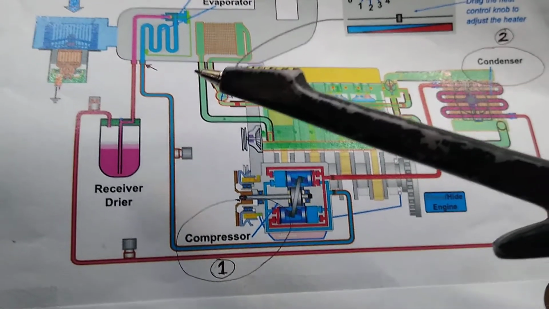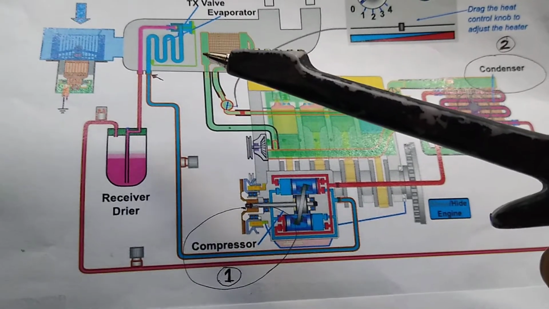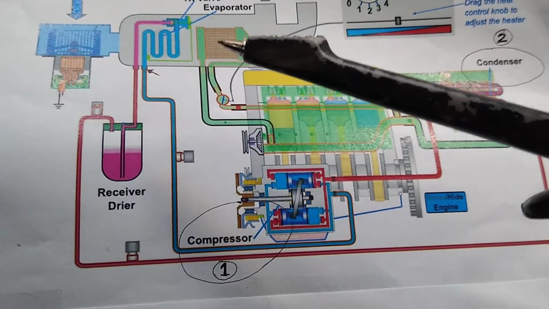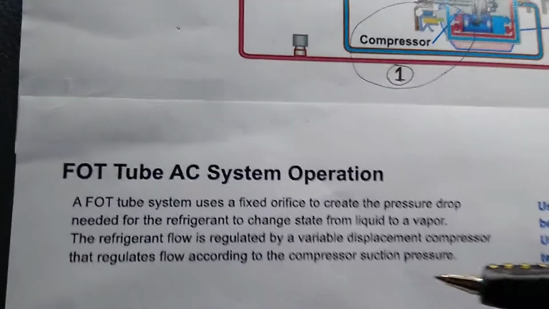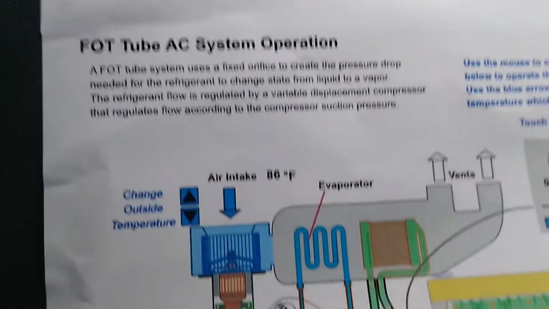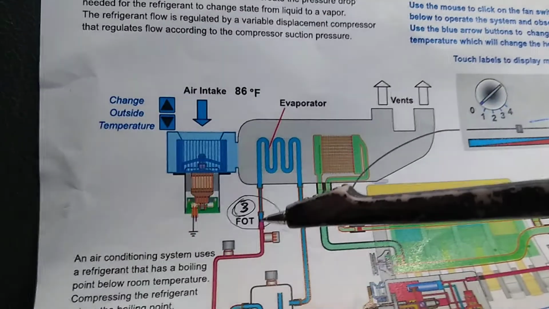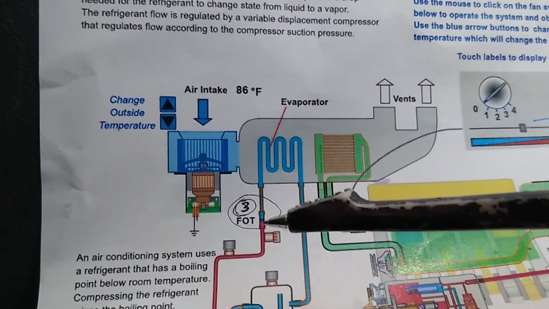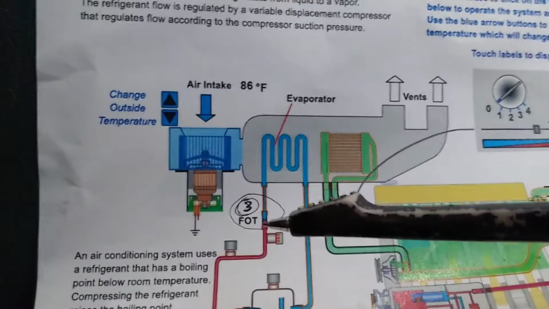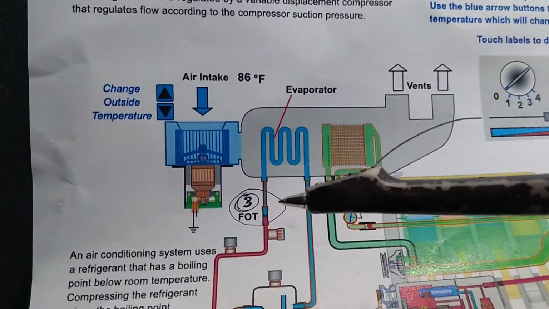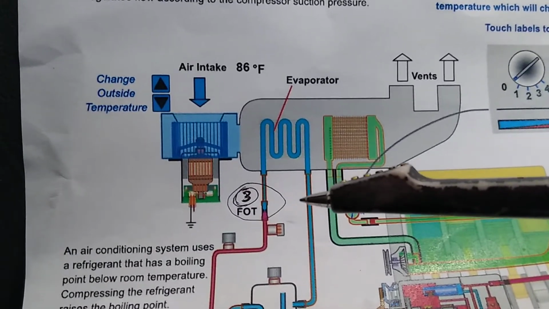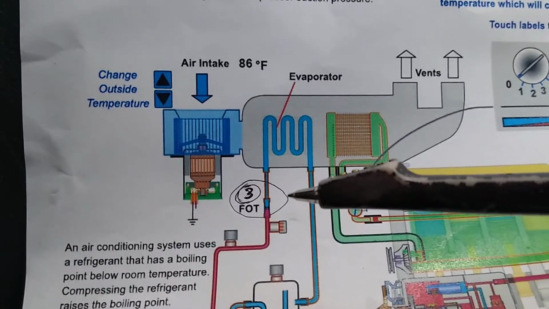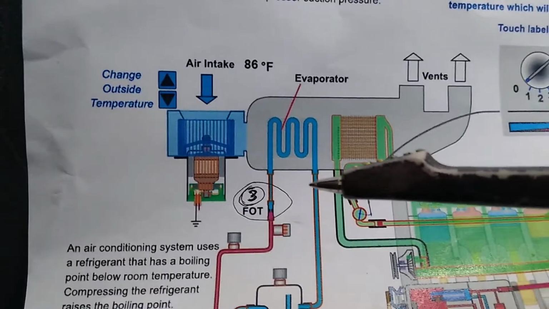From there, the liquid travels through the small orifice restriction, which is on this one right here, the second page of the illustration. This is the fixed orifice tube.